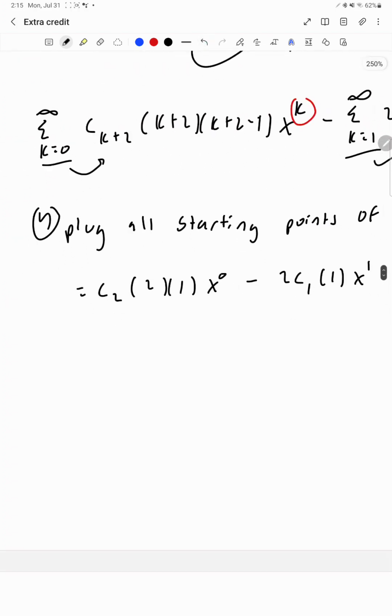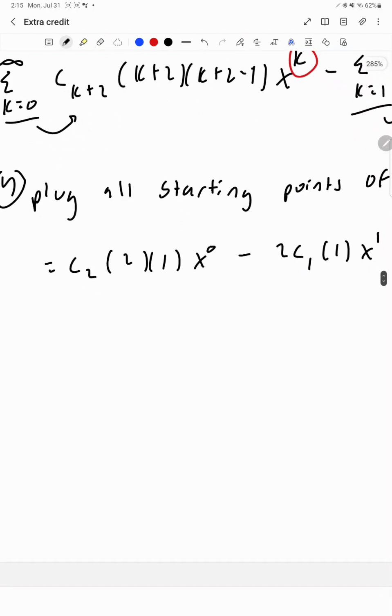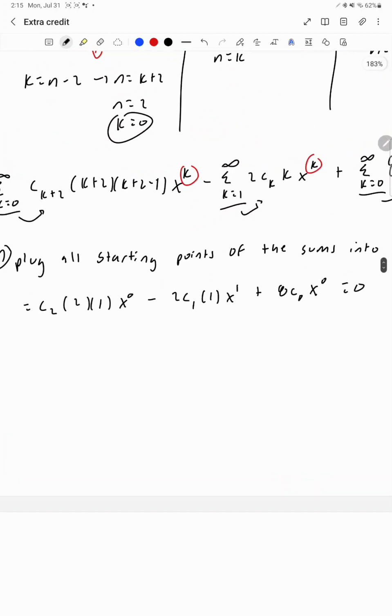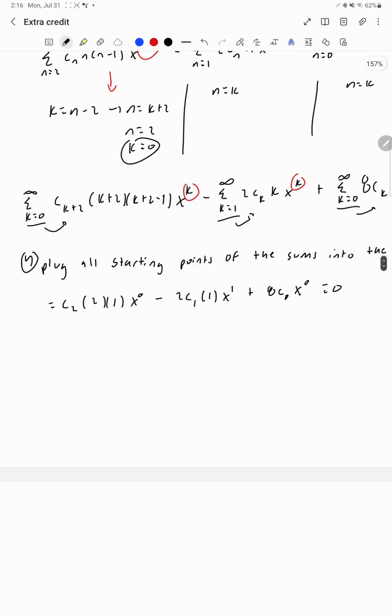So then I'm just gonna condense this all into one thing. C2.